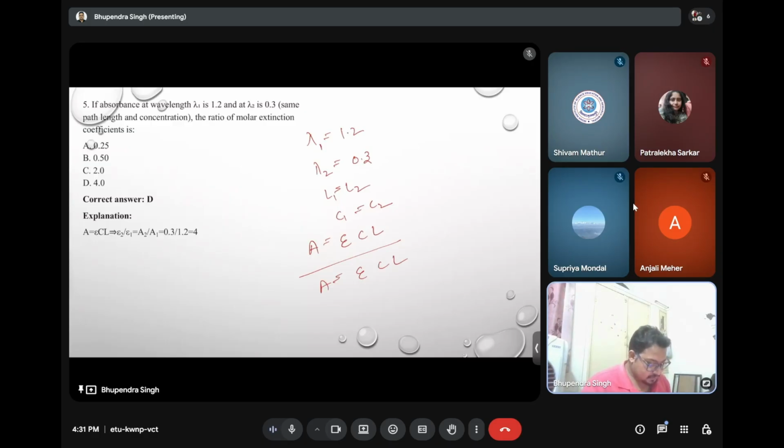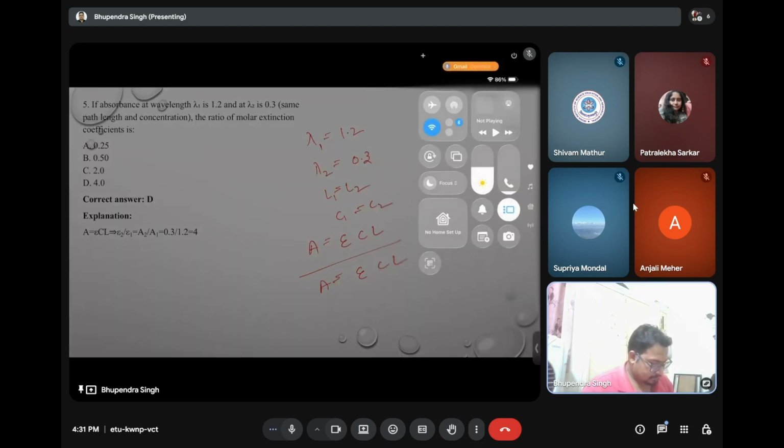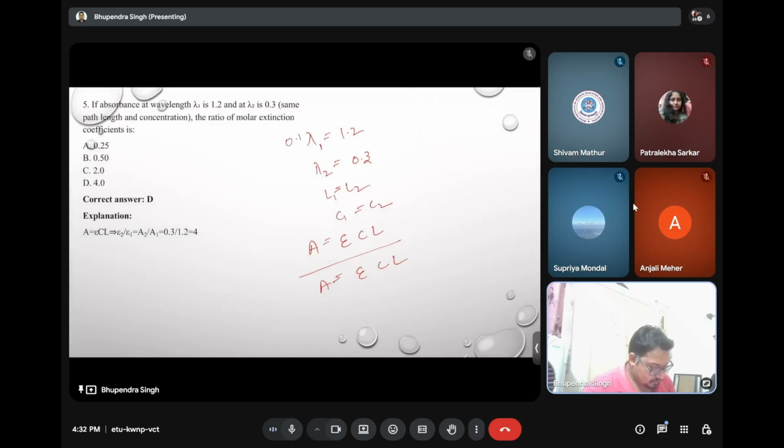The absorbance is already given. So this is OD at this wavelength, OD at this wavelength. 1.2 divided by 0.3, epsilon 1 C L 1, over epsilon 2 C L 2.